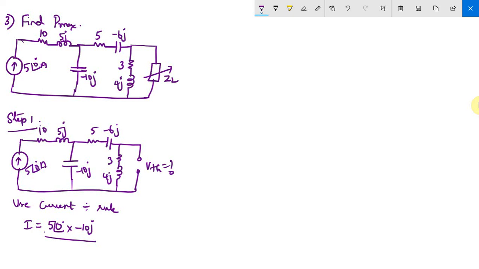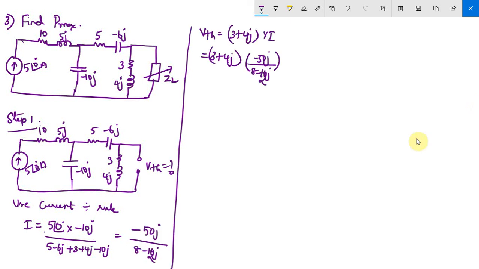We have to add all, right? So we have 5 minus 6J plus 3 plus 4J minus 10J. So I is equal to minus 50J divided by 8 minus 12J.